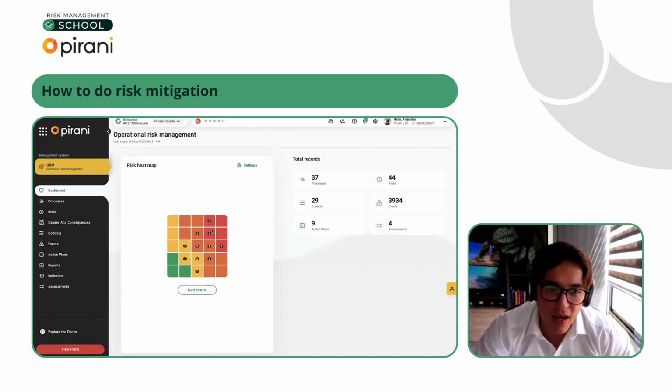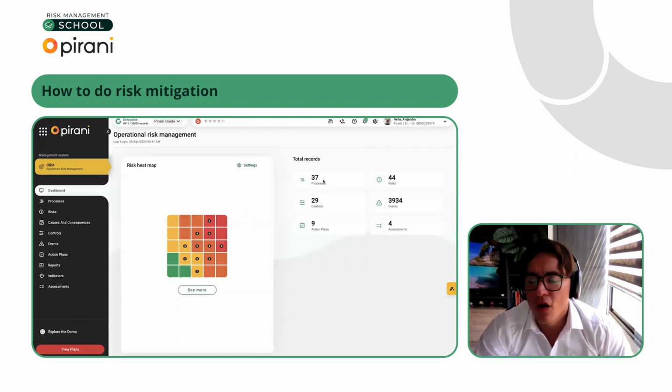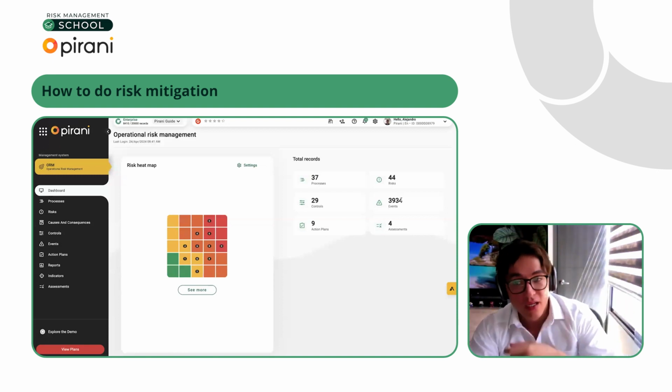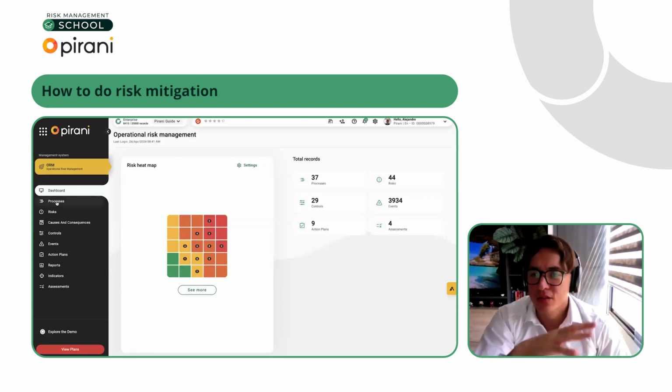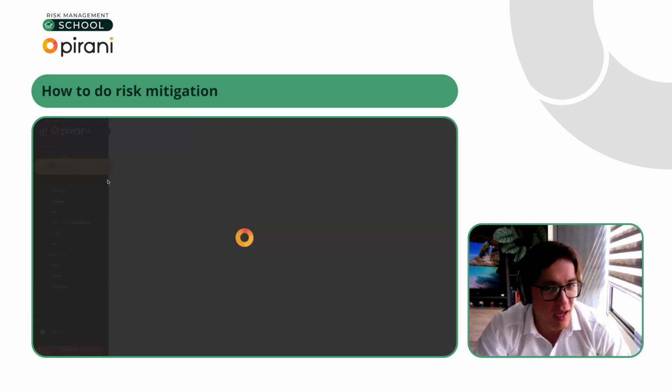We can see that we have 10 risks in the red area, and we have the list of how many processes I have in this specific company, how many controls, action plans, risks, events actually happening, and assessments. So remember that. Let's try to translate the example that we saw of climate change.